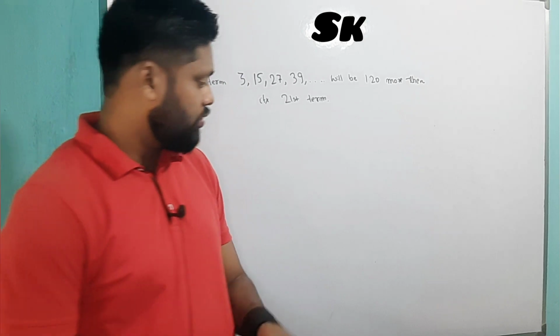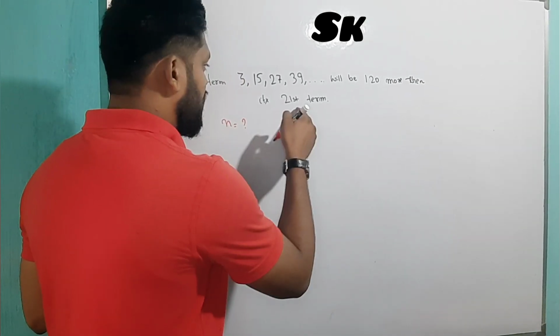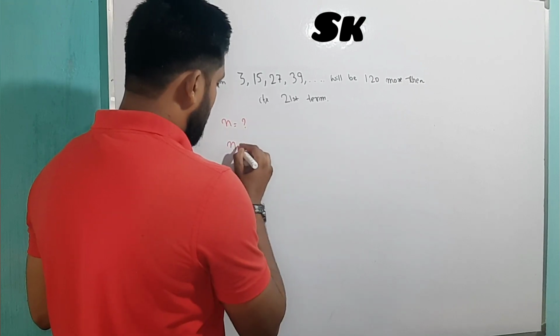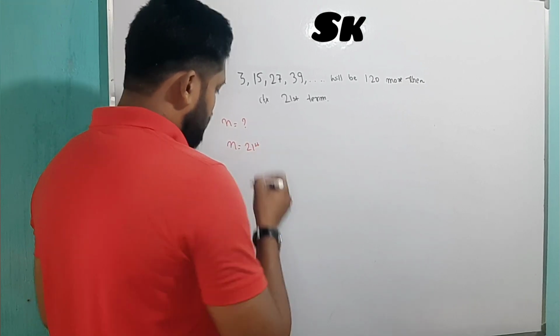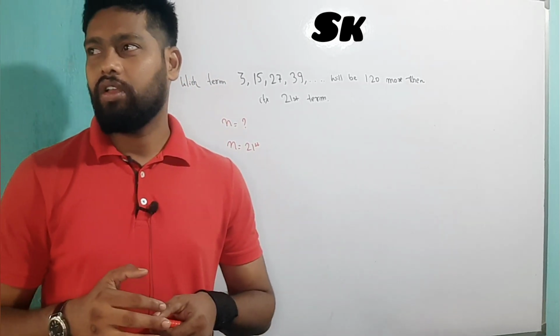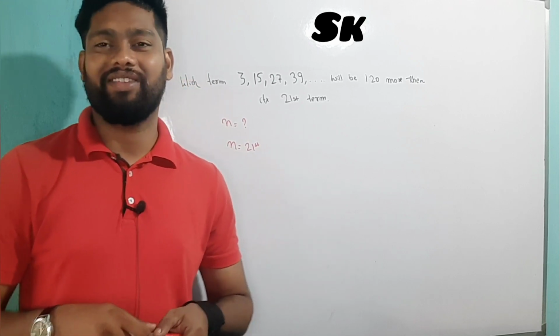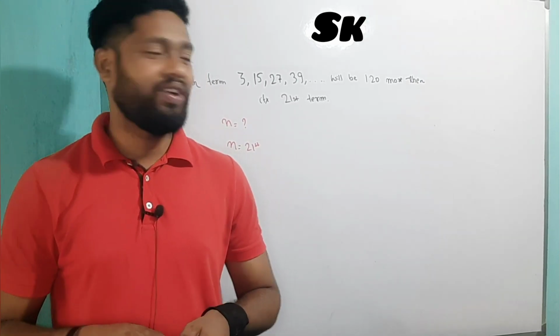But they gave us the 21st term as n, sir. So they gave me the n value and again ask me to find n. Maybe there's a printing mistake. Anyway, you have to find the n value.